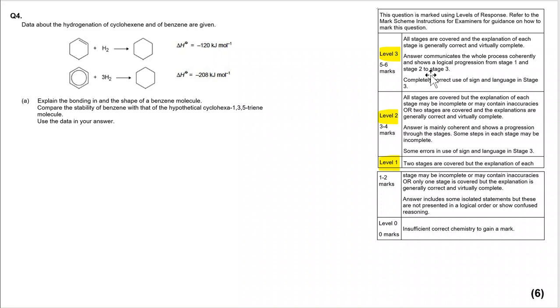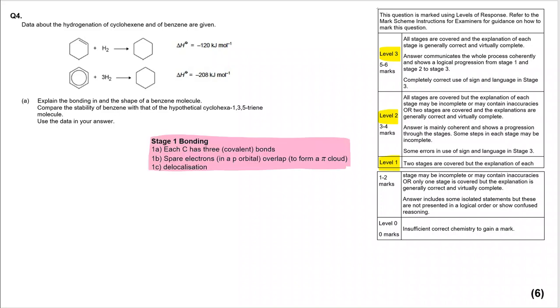And that can be based on the quality of your written communication, the use of key words, the logical structuring of your answer. So stopping and thinking before you write on a 6 mark is a really valuable strategy. Okay. So the 3 stages.